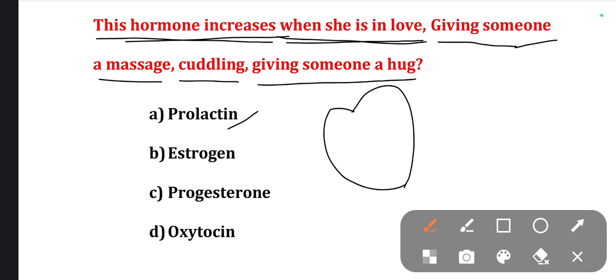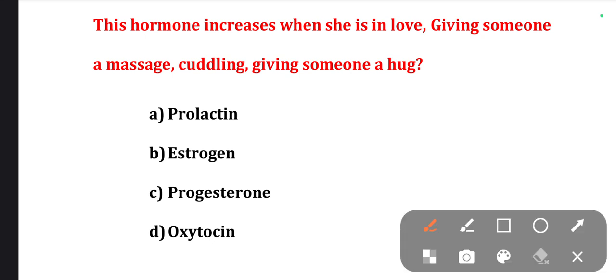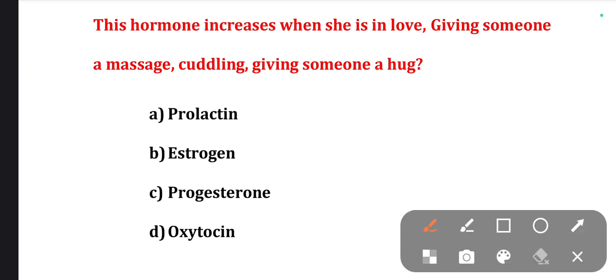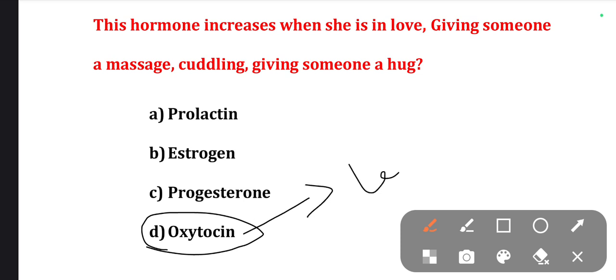Options are prolactin, estrogen, progesterone, oxytocin. The right one is option D, oxytocin. So in a woman, when she is in a good mood and in love, the oxytocin hormone is increased. It is also called the love hormone.